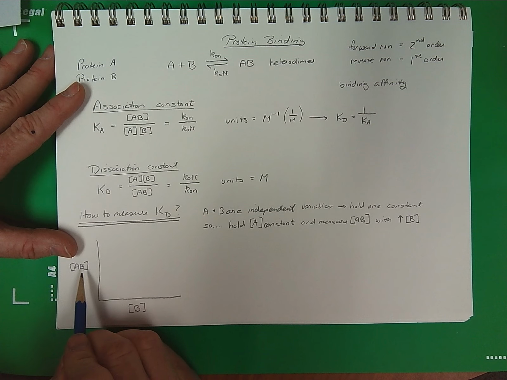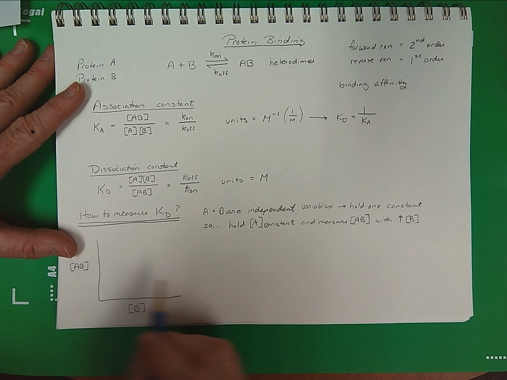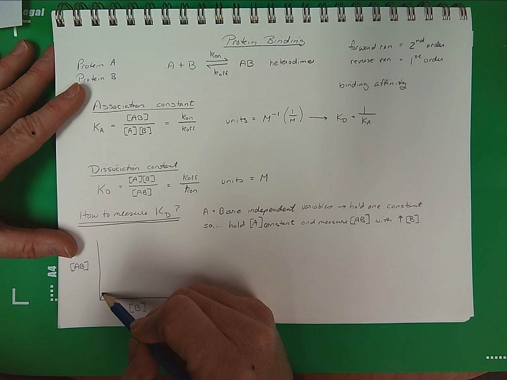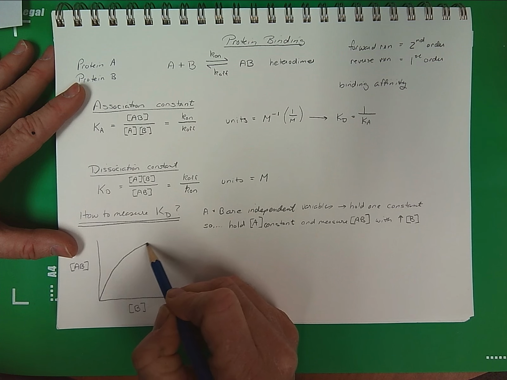So the amount of AB formed will be on our y-axis. The variable concentration of one of the independent variables, protein B, will be on the x-axis. What would we get for this reaction if we actually do the experiment and measure? We will get a hyperbolic curve.